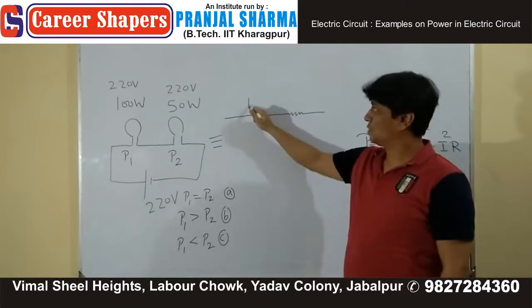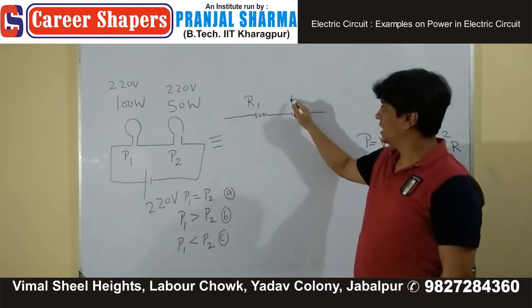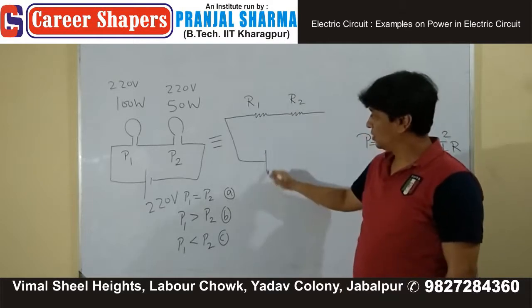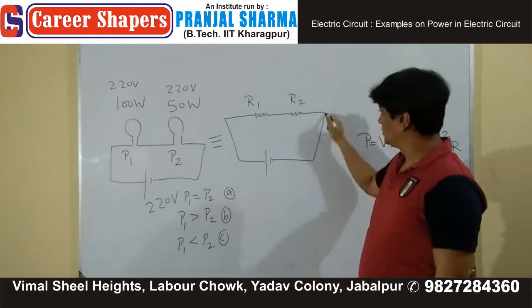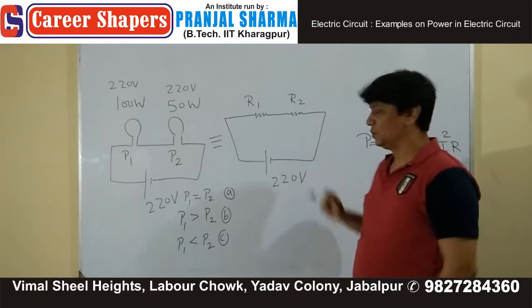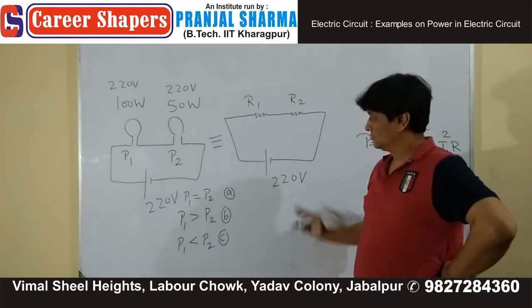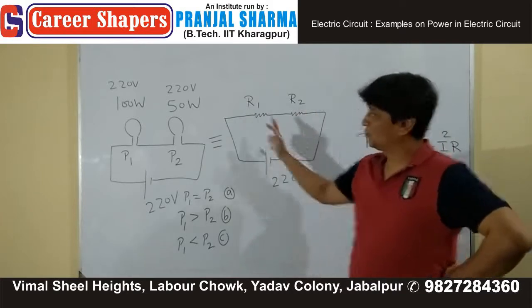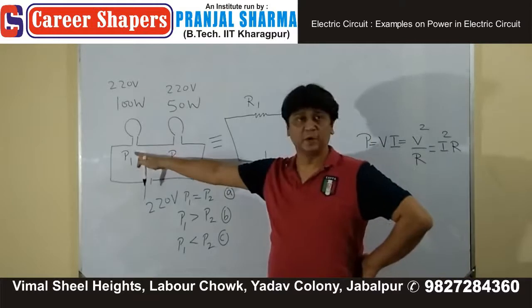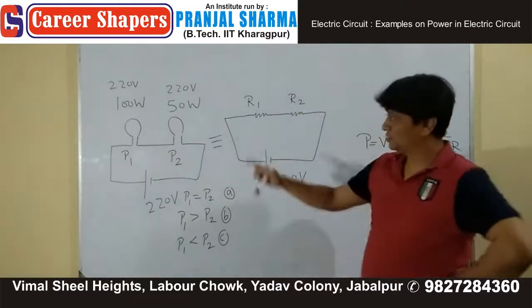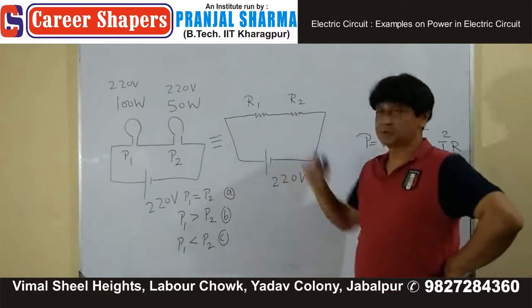You've got two resistors R1 and R2 connected to a power supply of 220 volts. What is R1? This bulb. What is R2? This bulb. So treat these two like this.